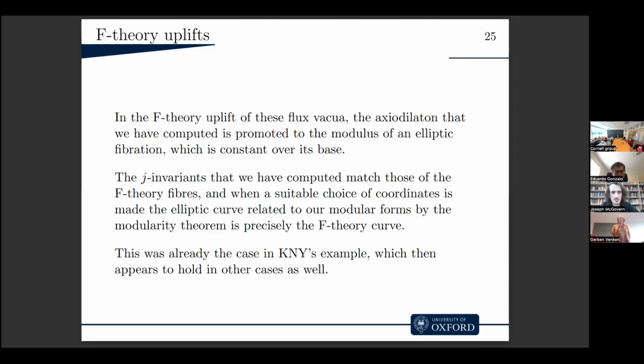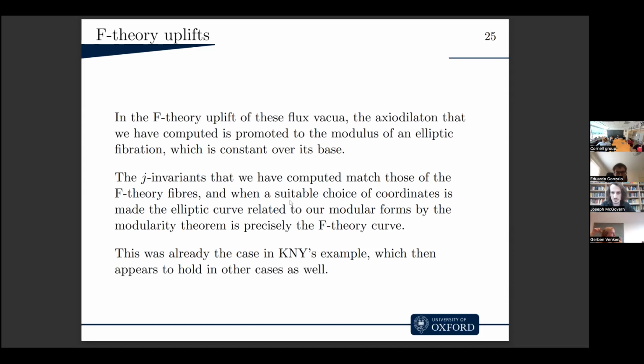I'd like to give a brief mention to the F-theory uplifts of these flux vacuums. So there we'll find an elliptic fiber with complex structure modulus tau. And in these configurations, that elliptic fibration will be constant over the base. So those J invariants that I showed you earlier are the J invariants of those F-theory fibers.